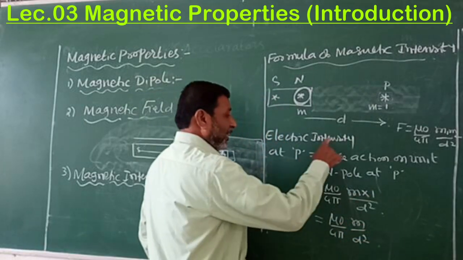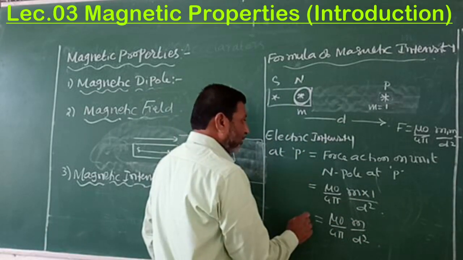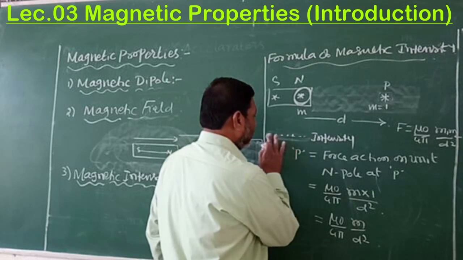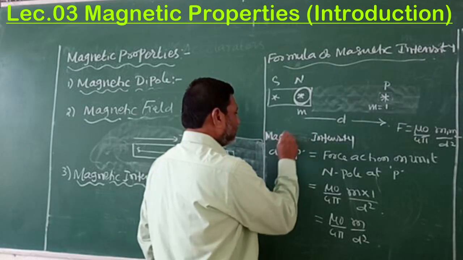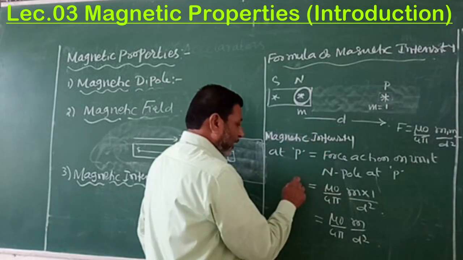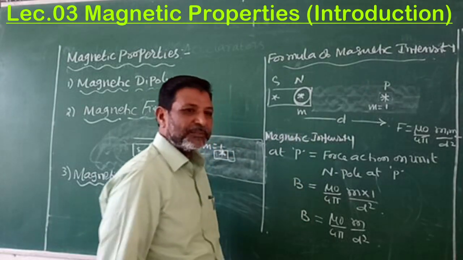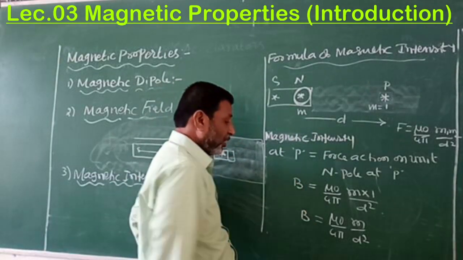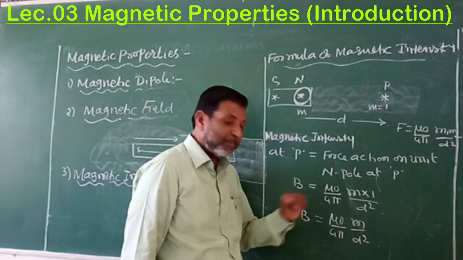This magnetic intensity at P, symbolically, it is represented by B. Now, this B is equal to mu naught divided by 4 pi, m divided by d square.